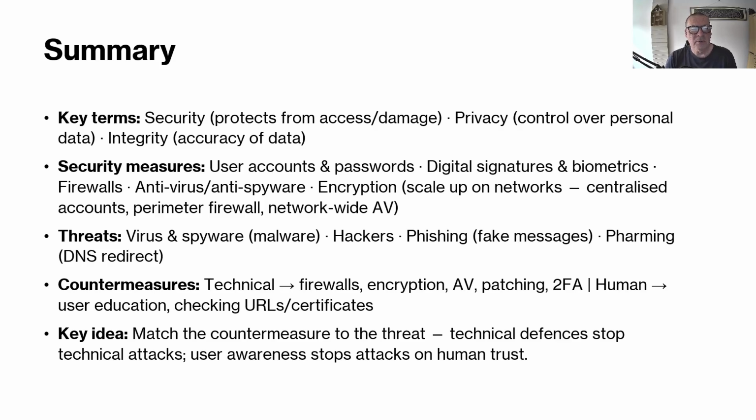We looked at various threats and viruses, all kinds of malware, hackers, phishing, pharming, and countermeasures we can use for these threats include firewall, encryption, two-factor authentication, and so on. For human problems, we've got user education and checking the URLs and certificates more carefully.